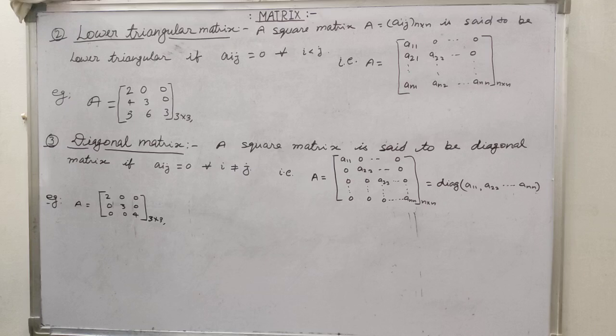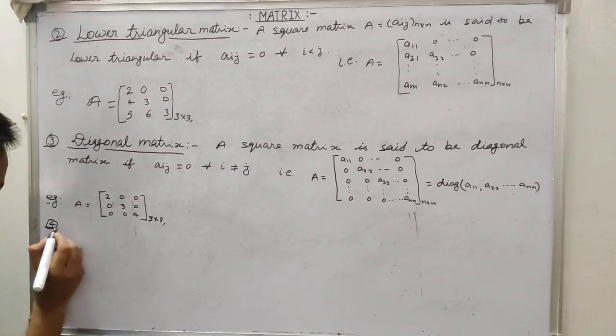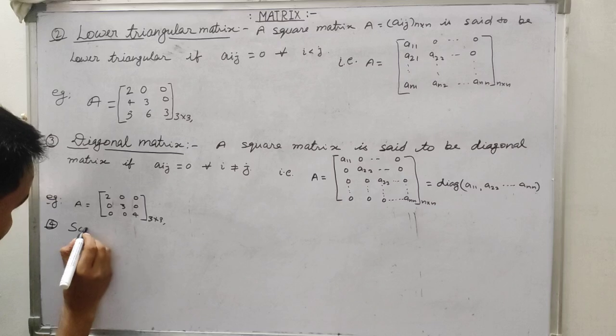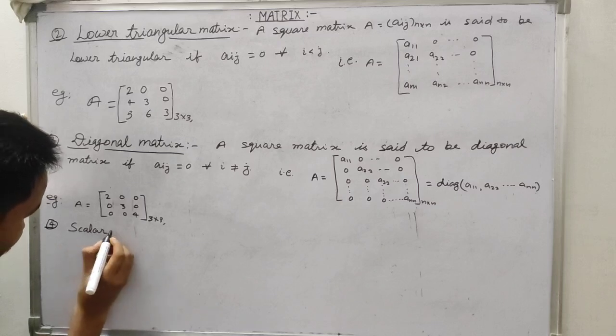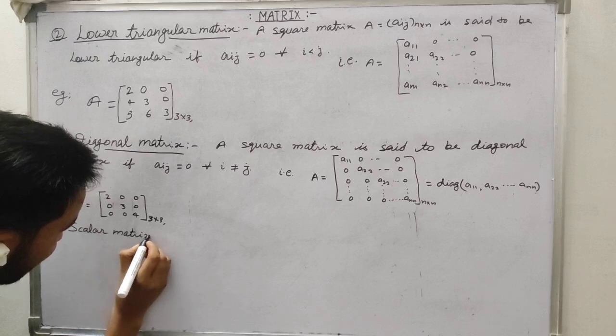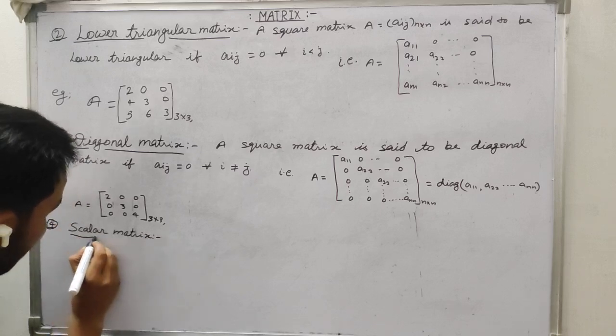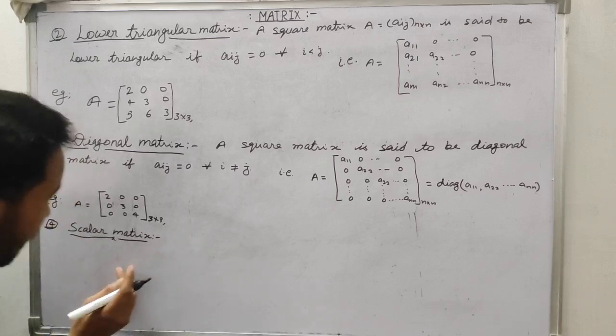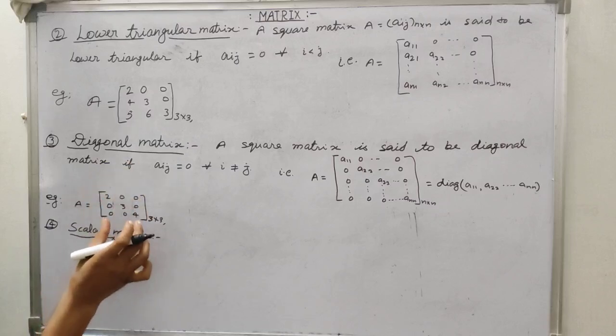Now we define scalar matrix. This is a special case of diagonal matrix.